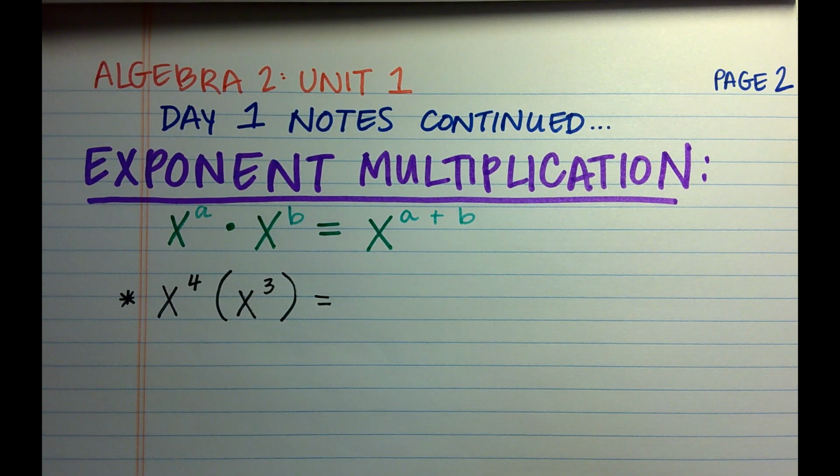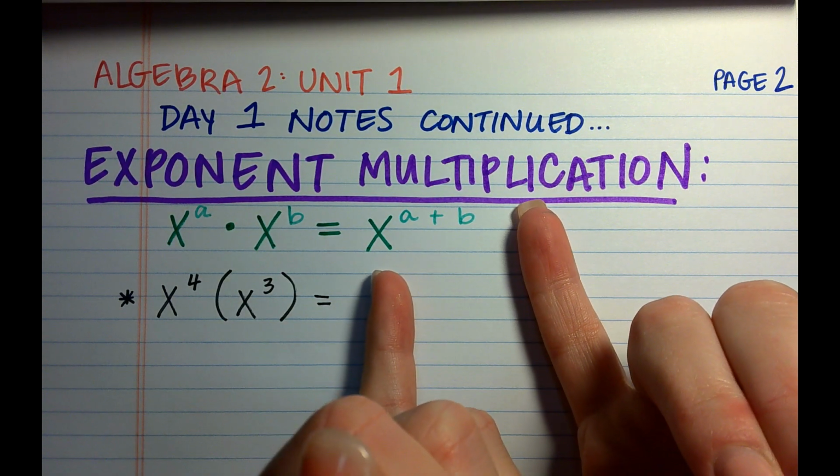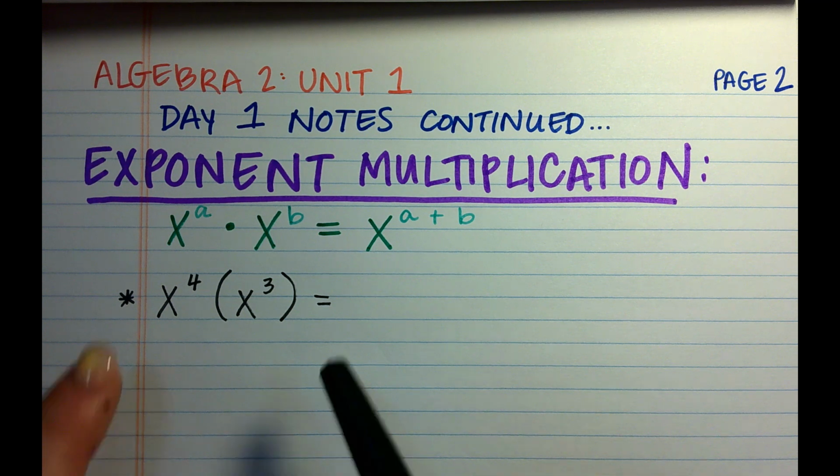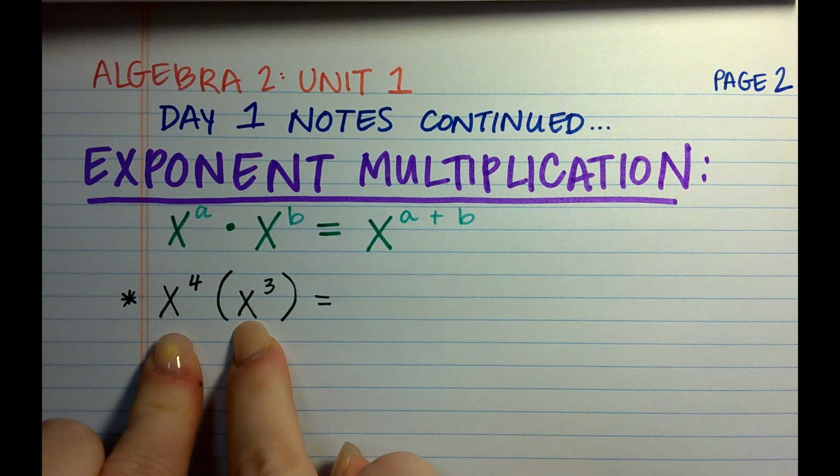Okay. So by looking at the formula above, that whenever x to the a is multiplied by x to the b, we get x to the whatever a plus b is. Can any of you take this and sort of translate it in your mind into how we would solve this problem I just gave you?